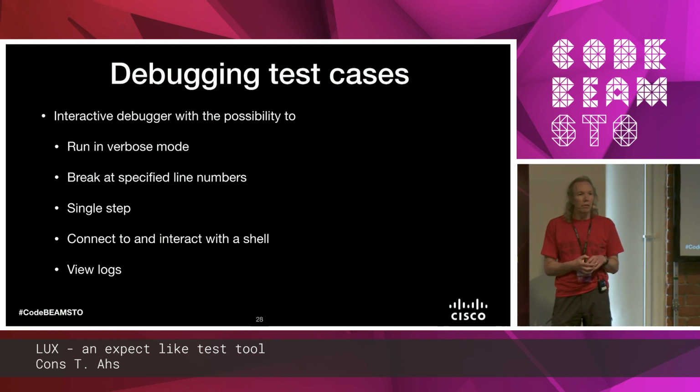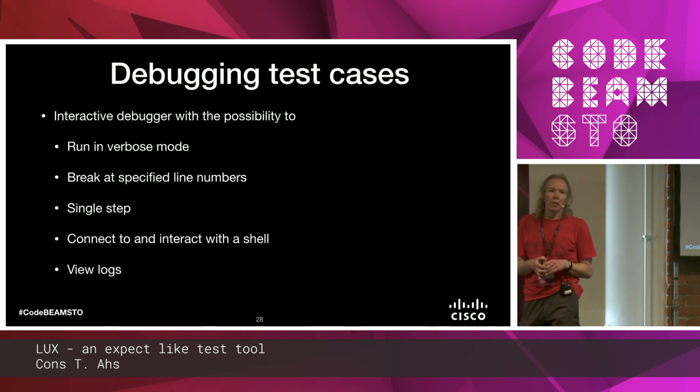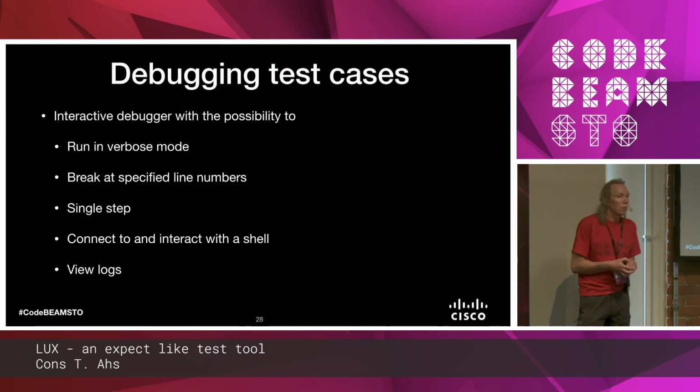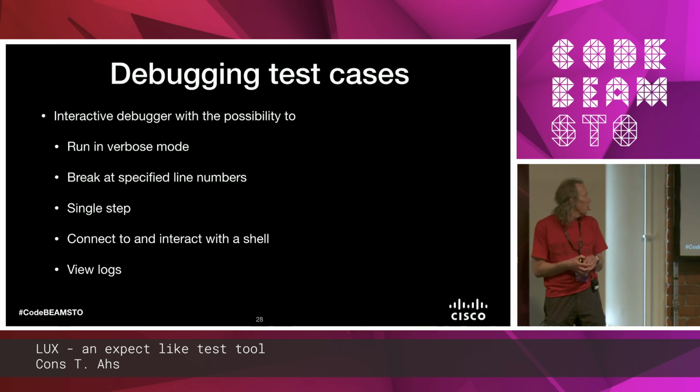The default mode is rather silent, but you can increase that and get a lot of output just while running it. But then you can also start an interactive debugger when you're running a test case, making it easy to put breakpoints at specified line numbers. You can single step. You can connect and interact with a shell. And you can view logs, etc.